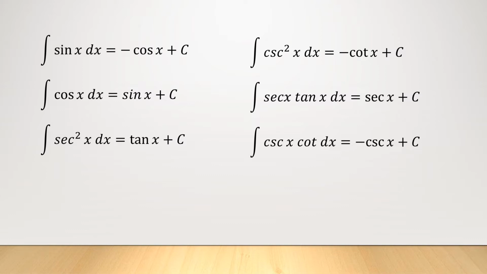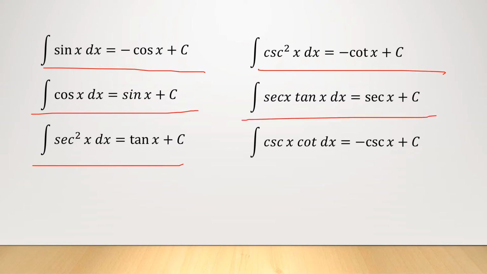For sine x, the integral of sine x dx is negative cosine x plus c. Again, don't forget that we have to add c, where c is a constant. So here are the equivalent integrals for each of the trigonometric functions.